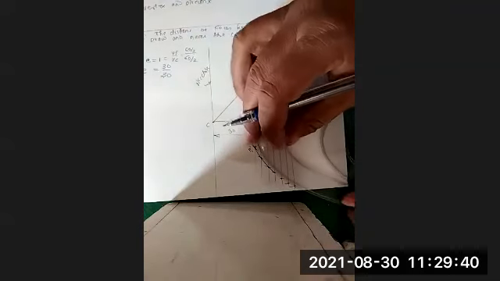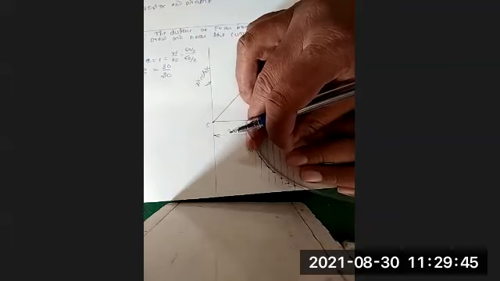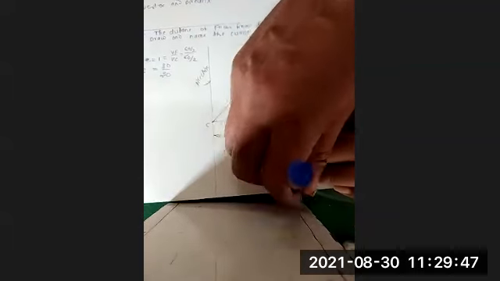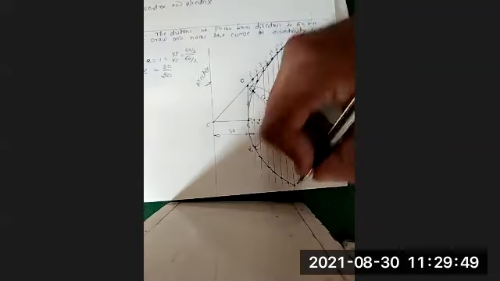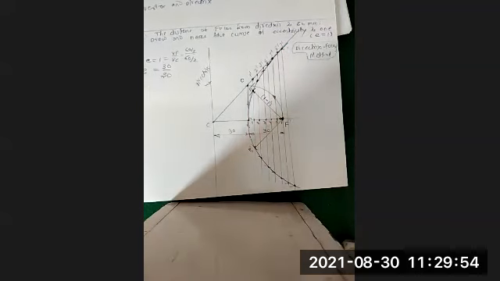Okay, you can do it freehand, no problem. But that depends on your skill, how you will get it. Make sure that there should not be a zigzag or a straight line at all.